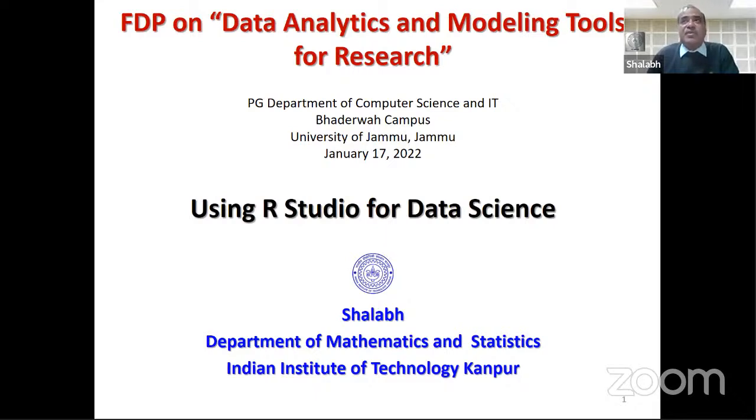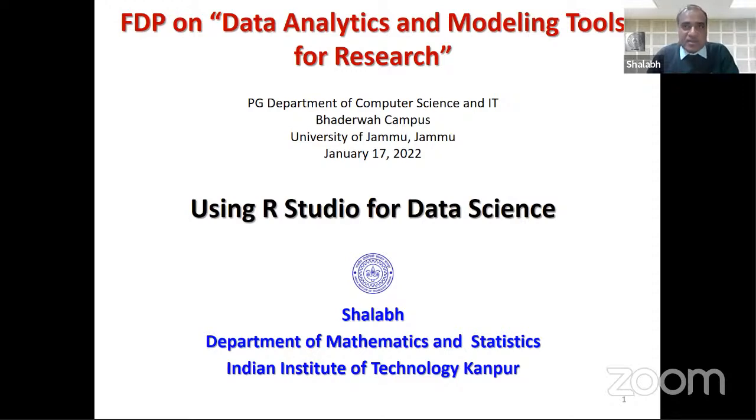So now when we are trying to work in statistics or data science, and we are trying to deal with the data, then we need to use a software. Among the various available software nowadays, R is one of the popular ones, and there are a couple of reasons why R became so popular.